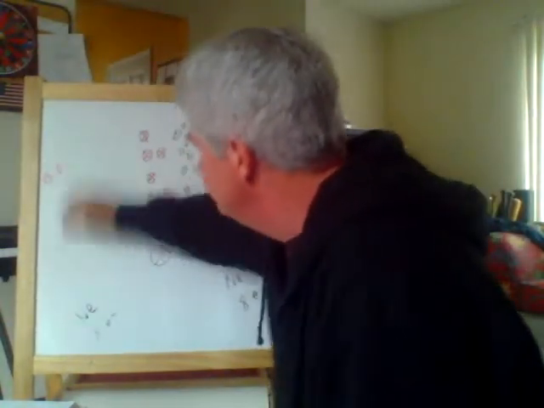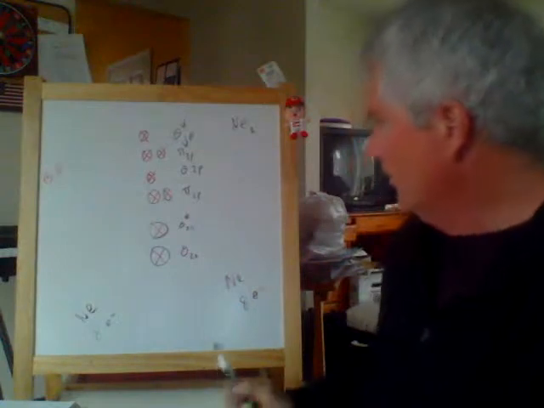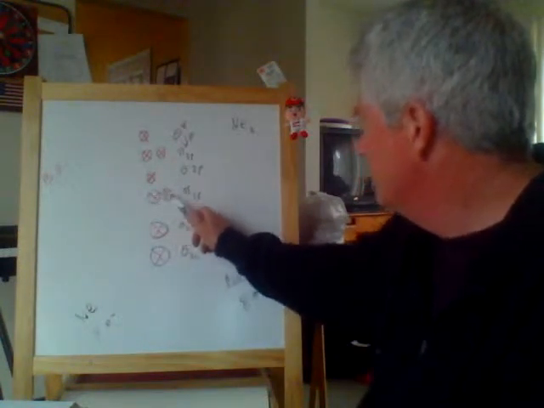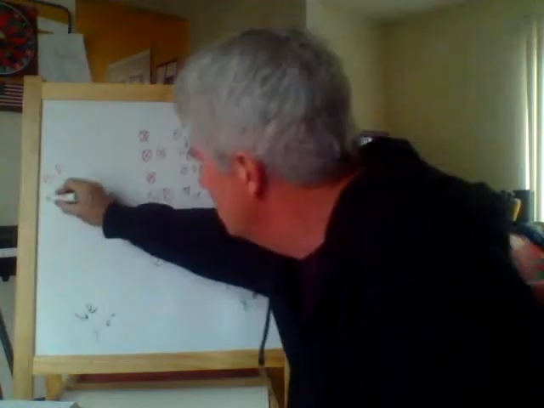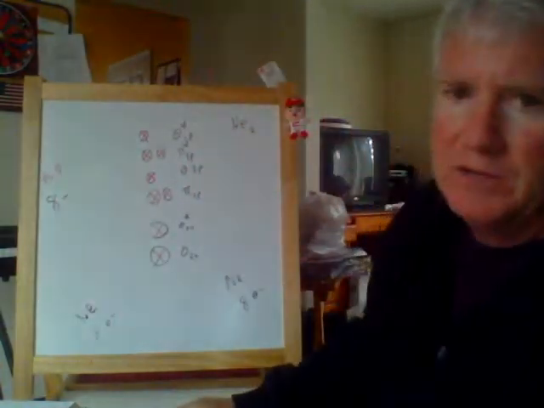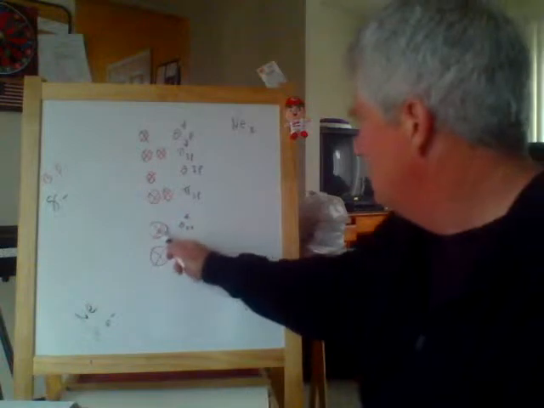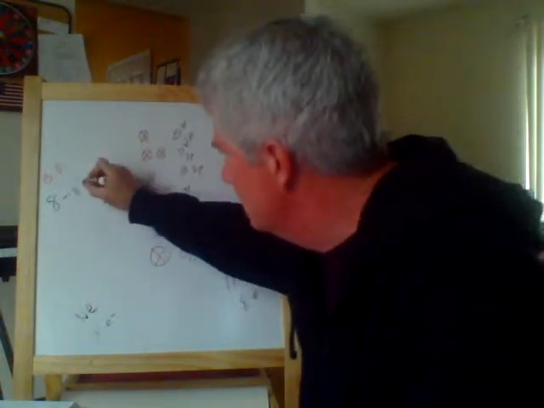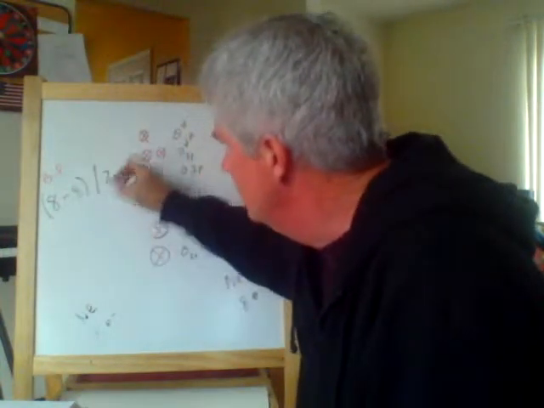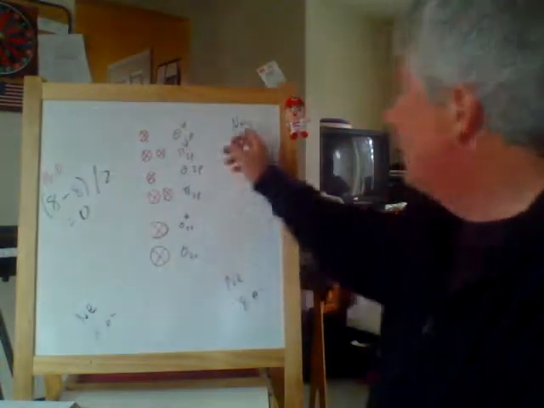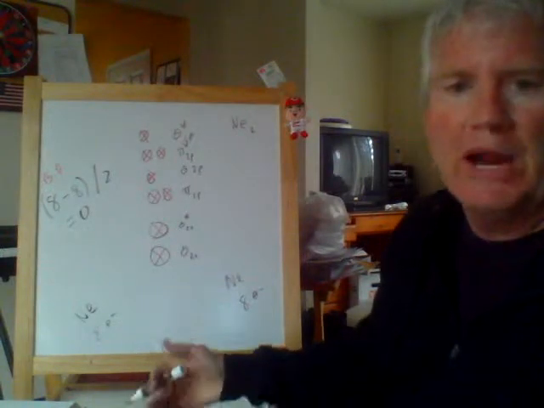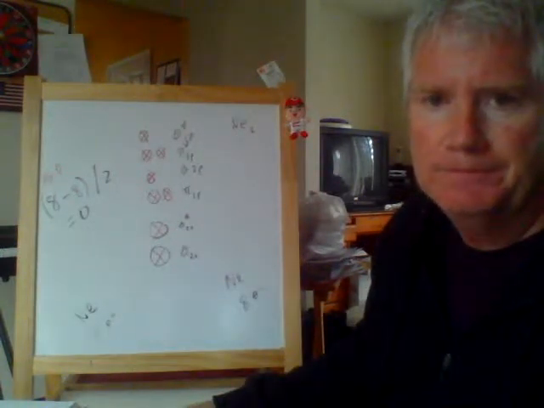Calculate the bond order. Number of electrons in bonding orbitals: 2, 4, 6, 8. Number in anti-bonding orbitals: 2, 4, 6, 8. Divide by 2: 0. Diatomic neon is impossible according to MO theory, and in practice we've never observed it.